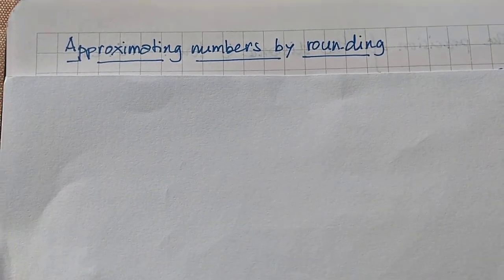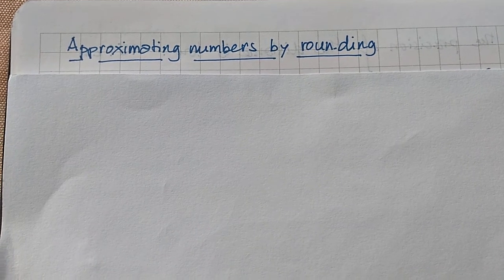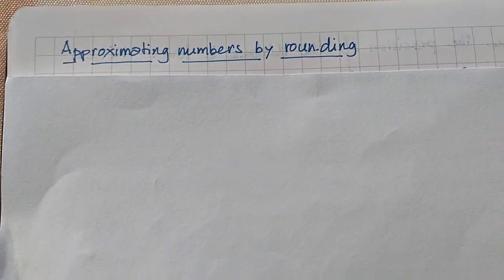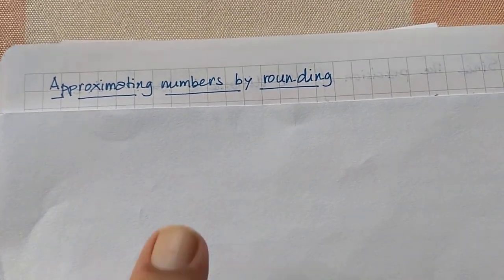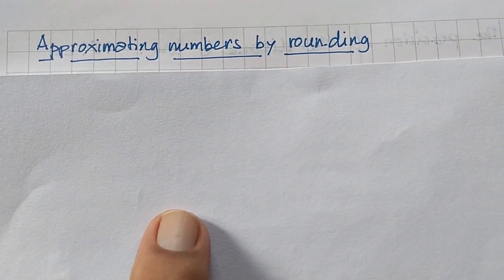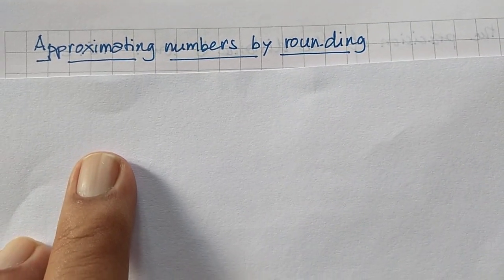Okay, so now we come to a very interesting concept, a very common concept when dealing with numbers, that is approximating numbers by rounding. So you already know this more or less, what is rounding of numbers.